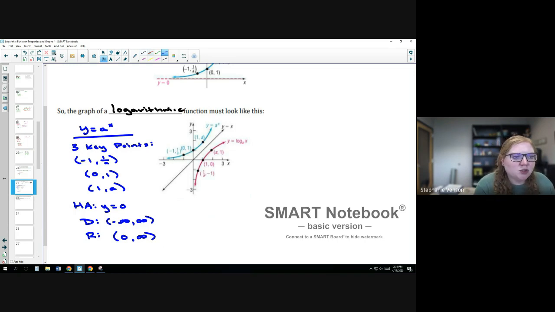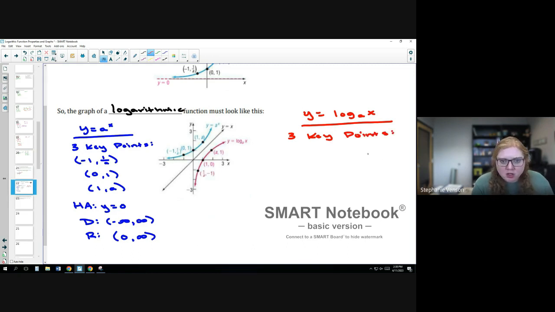Now let me switch to red and let's talk about the red graph, which is the inverse. It's the logarithmic function, y equals log base a of x. It also has three key points. Its three key points are (a, 1). Why? Because the other one had (1, a), and when we take an inverse, we switch places.